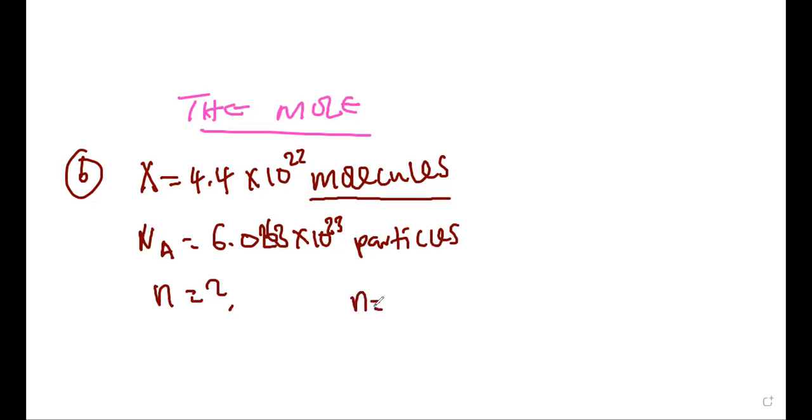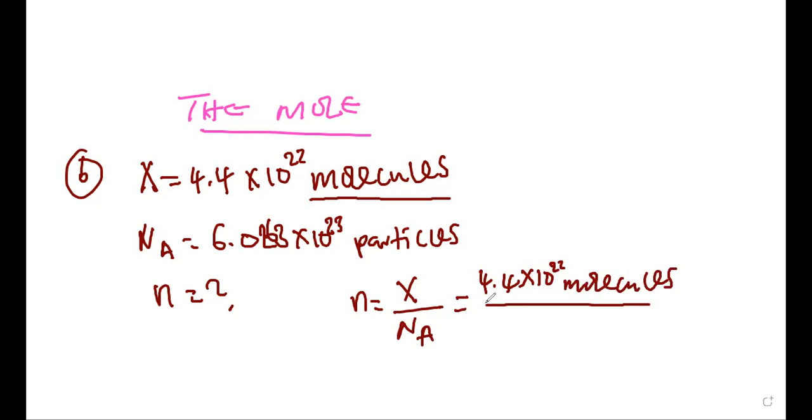We say number of moles is always going to be number of particles over the Avogadro's constant, which in this case, we have X as 4.4 times 10 to the power 22 molecules over the Avogadro's constant, which is 6.023 times 10 to the power 23 particles.